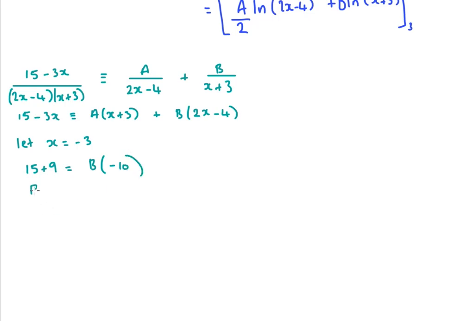So that's going to be that b is equal to negative 24 over 10, which cancels down to negative 12 over 5. Do the same thing to get the a value by letting this time x equal 2.